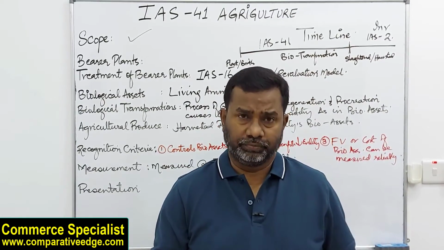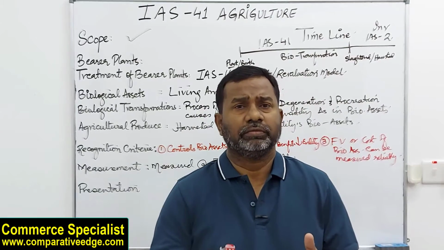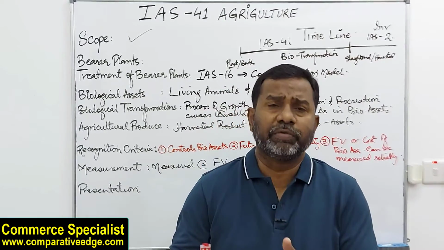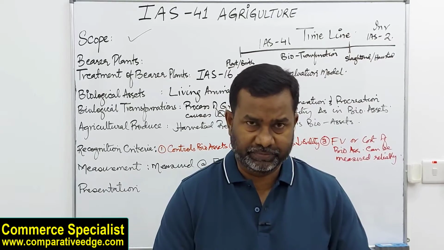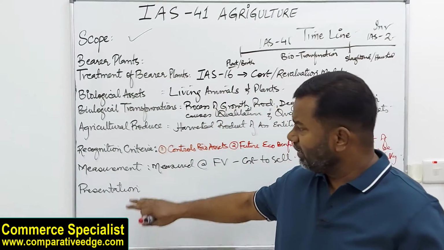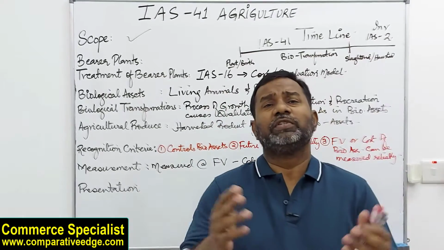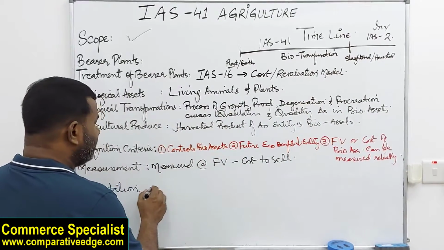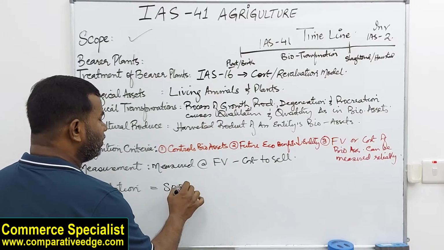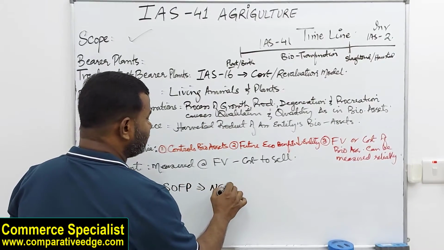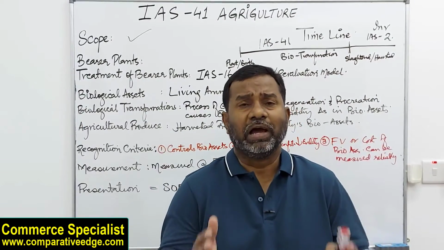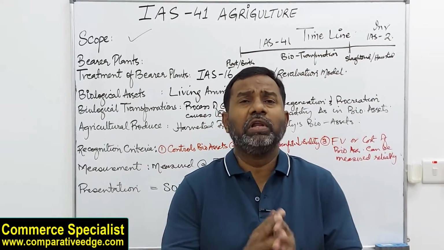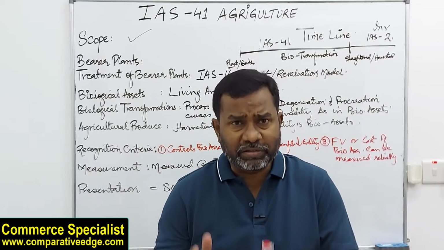Then we measure it at cost minus accumulated depreciation or impairment losses. Finally we have presentation, and you'll be surprised that biological assets are presented in the statement of financial position as non-current assets.